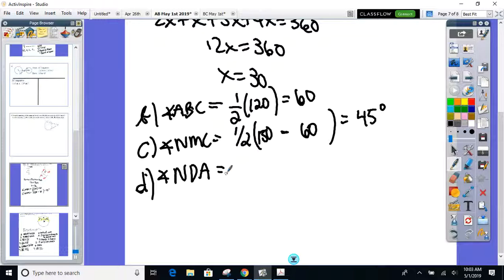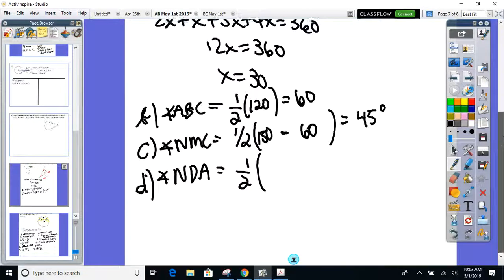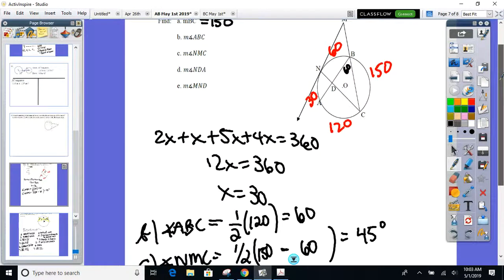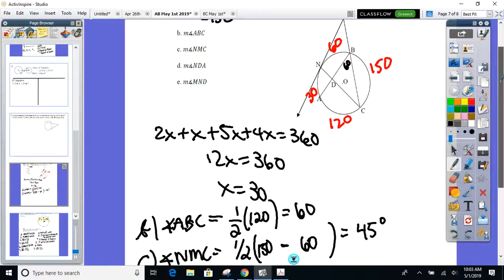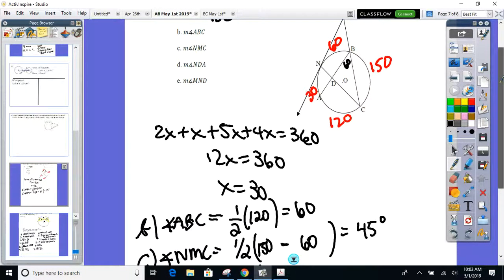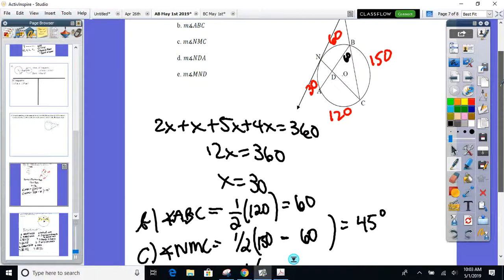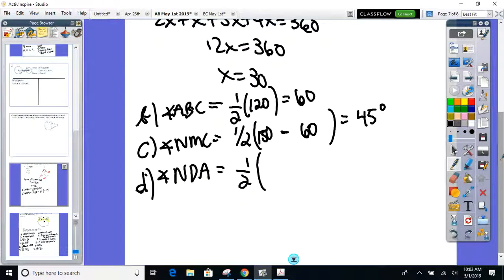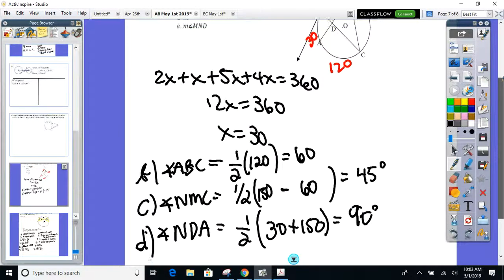Minus is on the outside. Plus for floaters. What arc belongs to NDA? 30 plus, what's its vertical angle's arc? 150. 30 plus 150, take half of that. It was a 90-degree angle. Look at that. And then what do we have left here to finish this off?